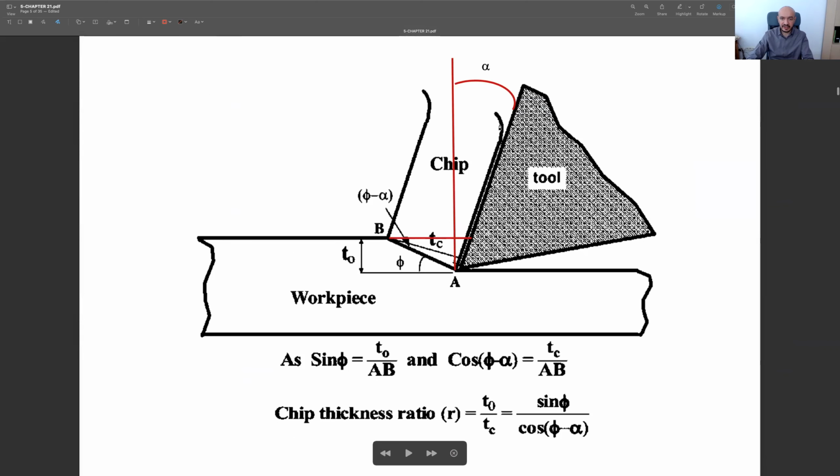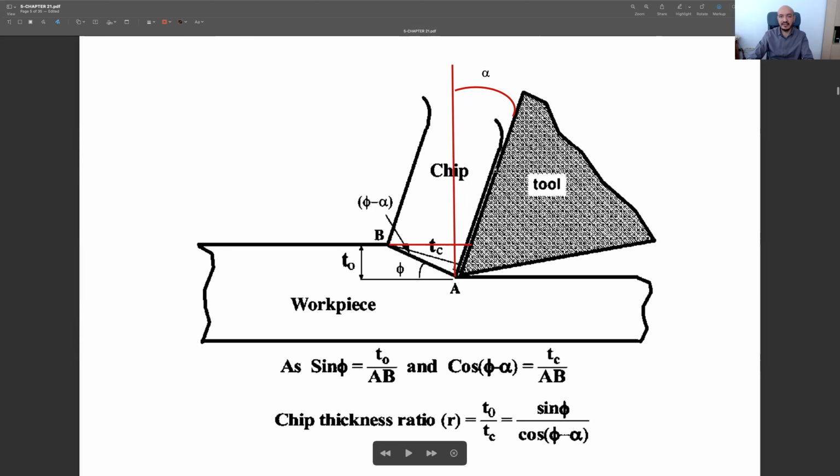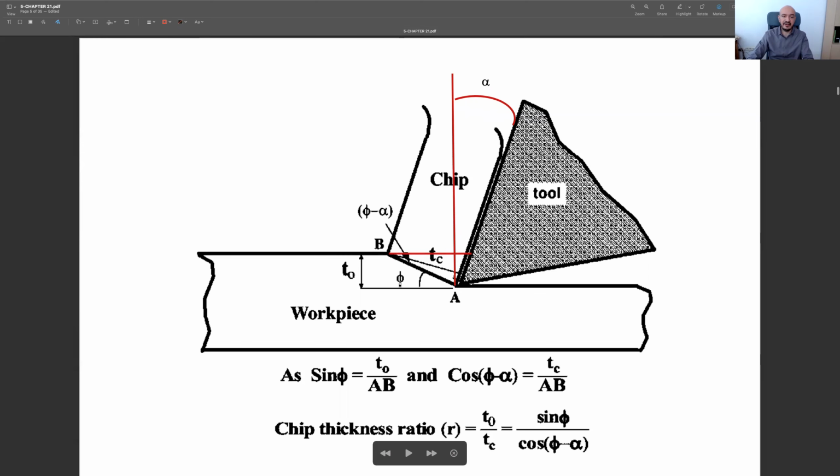A chip is moving over the rake face, with rake angle alpha, and this is our undeformed chip thickness, t0, and the deformed chip thickness, tc. And we have the shear angle here.